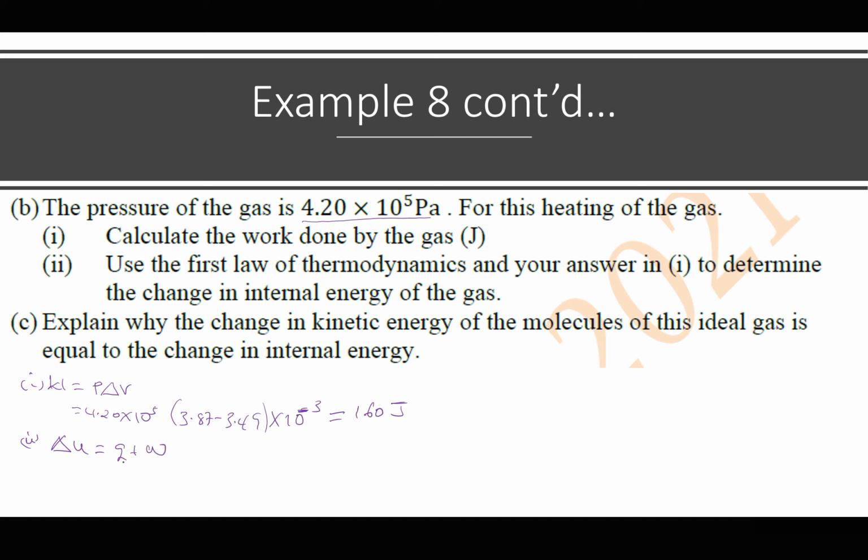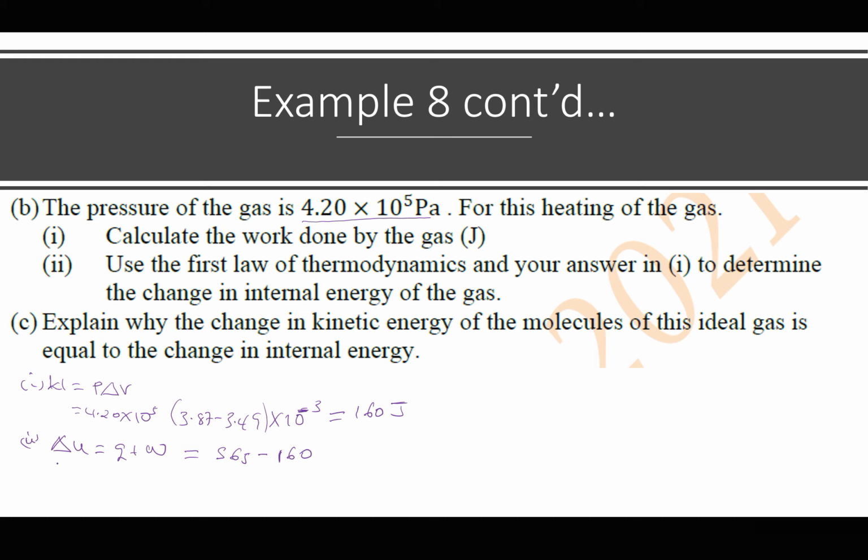If heat is added to the system, Q is positive. If work is done on the system, W is positive. But if the system does work, W is negative. If the system loses heat, Q is negative. So since the gas is doing work, it is expanding because there is an increase in volume, then W will be negative. So when we substitute, Q is given as 565 minus 160. Note this minus here.